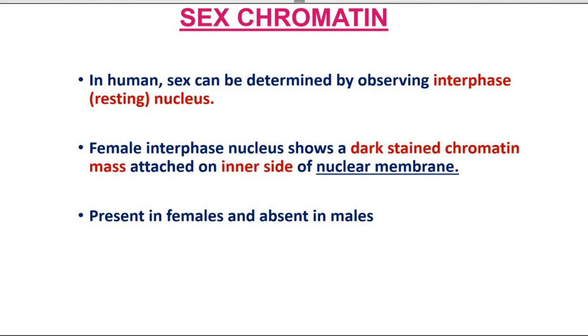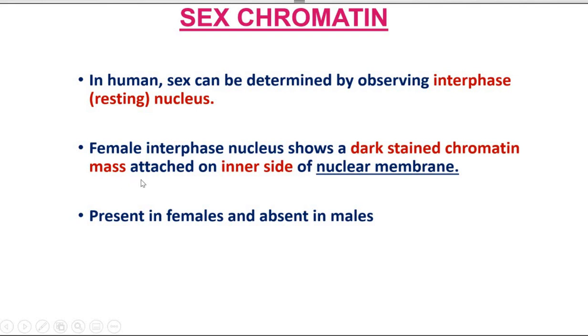And then we come on to sex chromatin before we go on to Lyon's hypothesis. Now, just understand, sex chromatin you will observe in the interphase part of the cells, that is, the resting cell nucleus, the interphase nucleus.